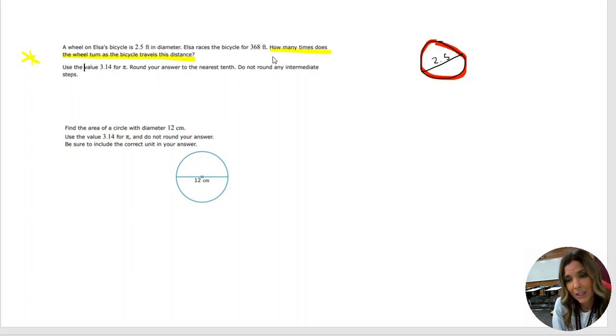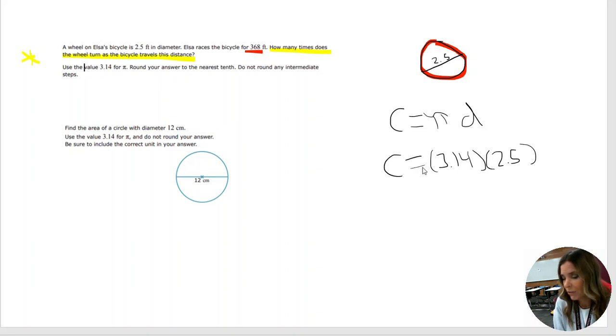So we want to know how many times the wheel turns as the bicycle travels 368 feet. So we need to know how many feet it travels every one rotation. So we need to know the circumference. To find circumference, we use pi times diameter. It tells us to use 3.14 for pi, and for the diameter, we know that is 2.5 feet.